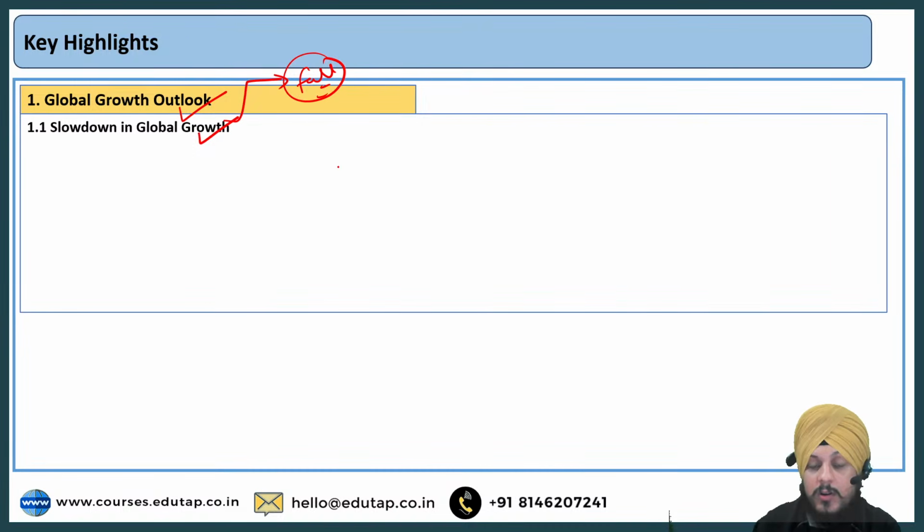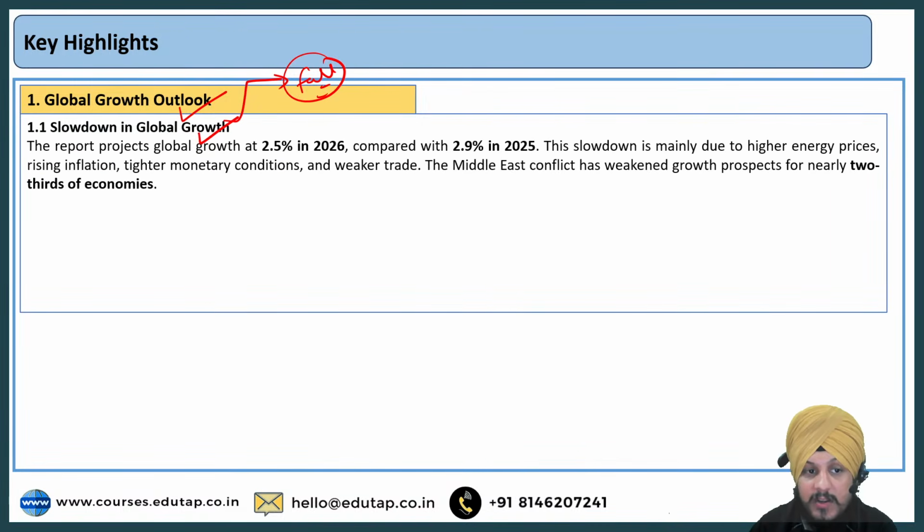The number presented is global growth at 2.5% in 2026 compared to 2.9% in 2025. It is expected to fall from 2.9% to 2.5% in the year 2026. This is the first thing.